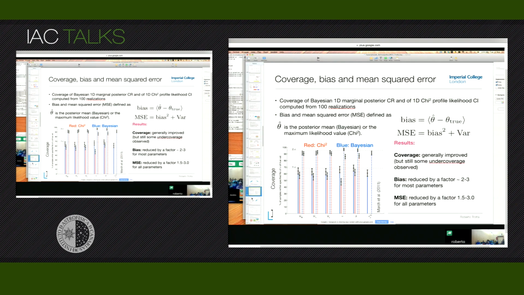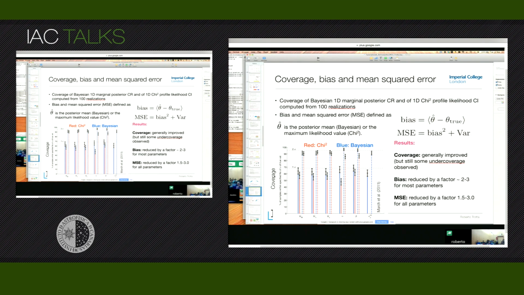We've compared on 100 simulated realizations of the data the performance of the Bayesian hierarchical model to the chi-squared approach. We've computed the bias for each case and the mean square error, which is the bias squared plus the variance. We've also compared the coverage of the credible intervals and the confidence intervals that we get from the chi-square.